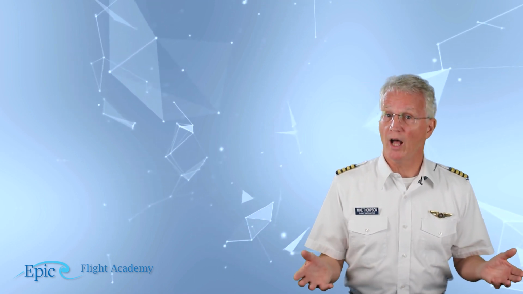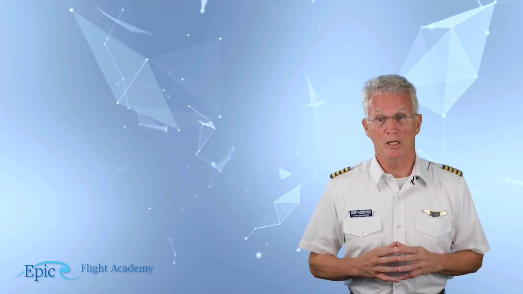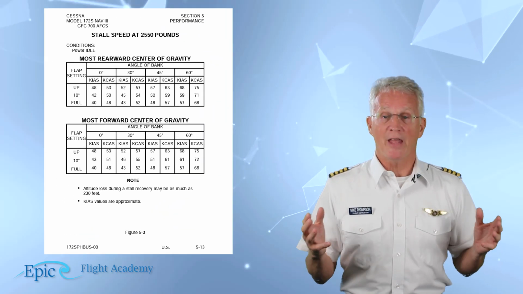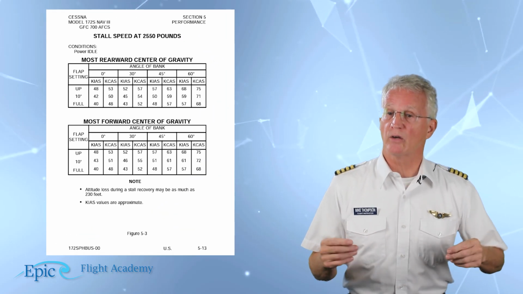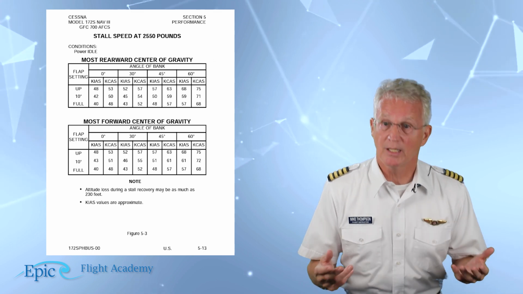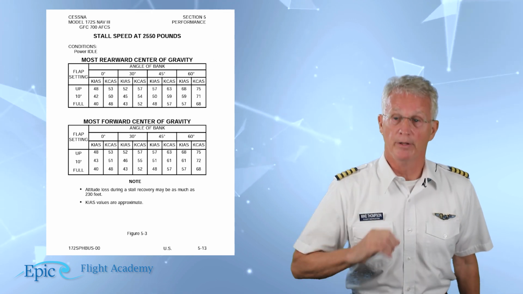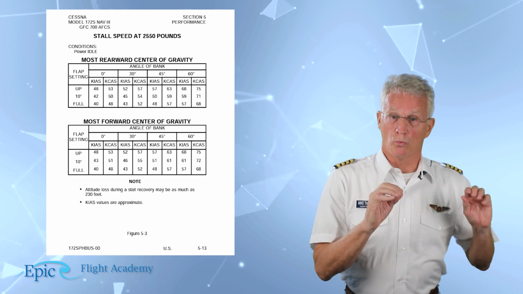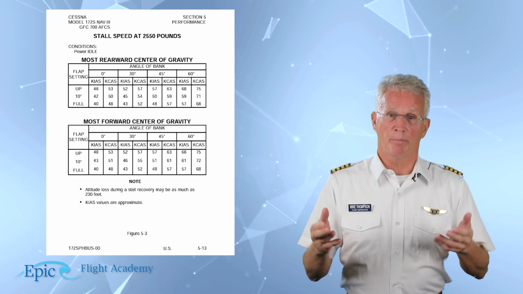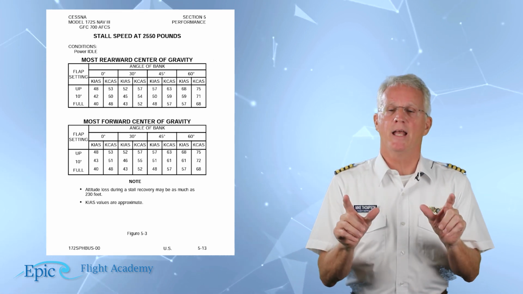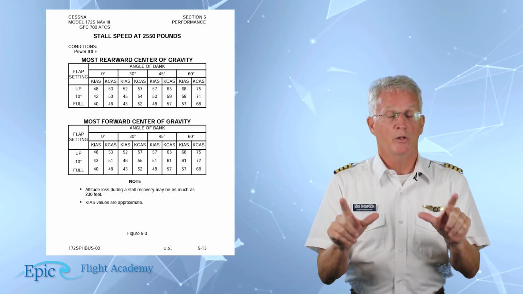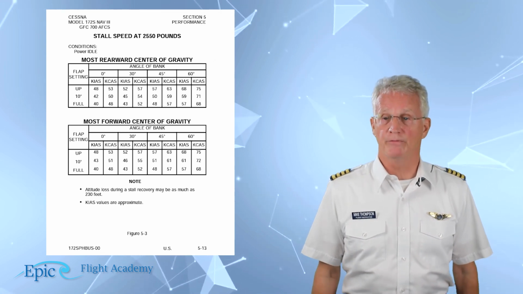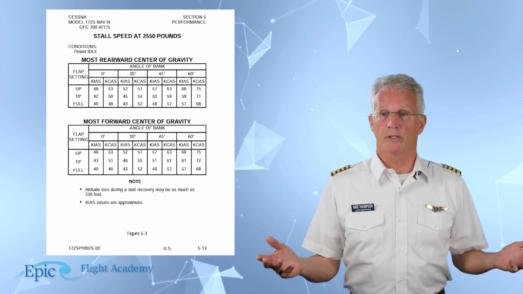In section 5 on page 5-13, our POH tells us that the stalling angle of attack will be reached at 48 knots indicated airspeed if we are at the most rearward CG with flaps up and 0 bank angle and supporting a load of 2,550 pounds. In other words, maximum gross weight.